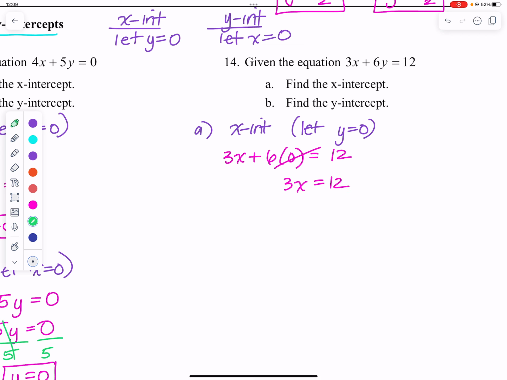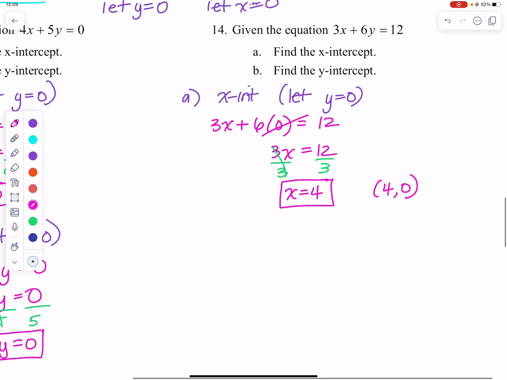So we have 3x equal to 12, and we come up with x equal to 4. Now, x equal to 4 is the x-intercept, and the point that's generated is 4, 0. That is where the graph hits the x-axis, okay? But intercepts truly are numbers, but you might see them given as an ordered pair.